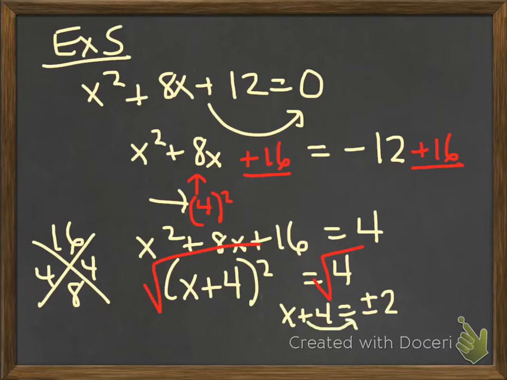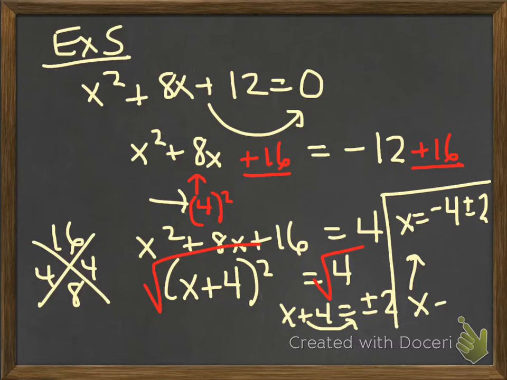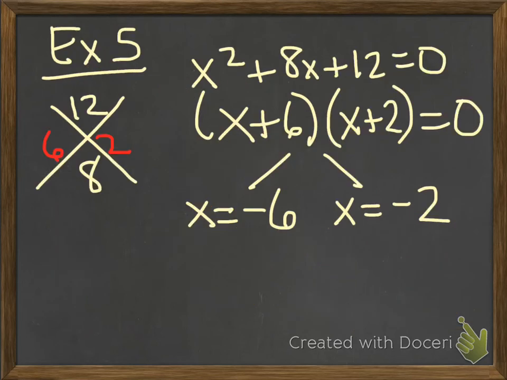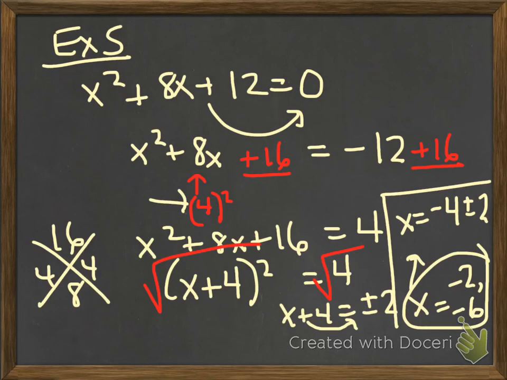Bring the 4 over. You get x equals negative 4 plus or minus 2. The first answer is negative 4 plus 2, which is negative 2. And the second answer is negative 4 minus 2, which is negative 6. So if you notice, it ends up being the same answers as we got on the prior example: negative 2, negative 6.